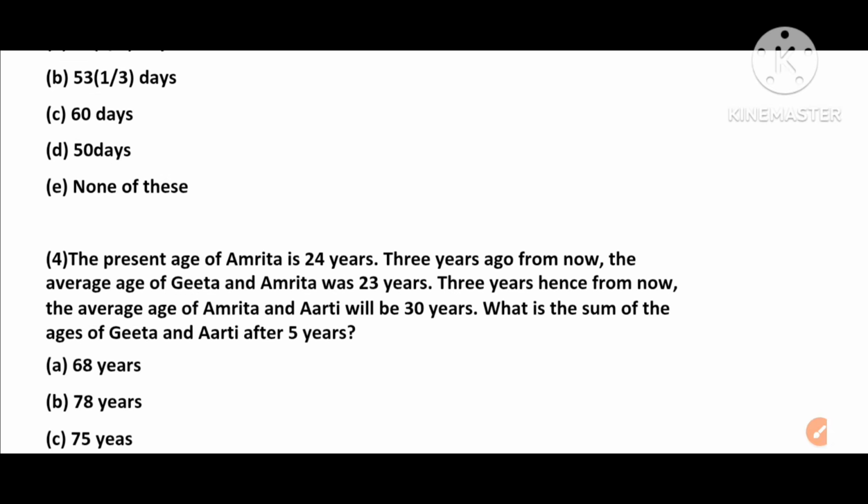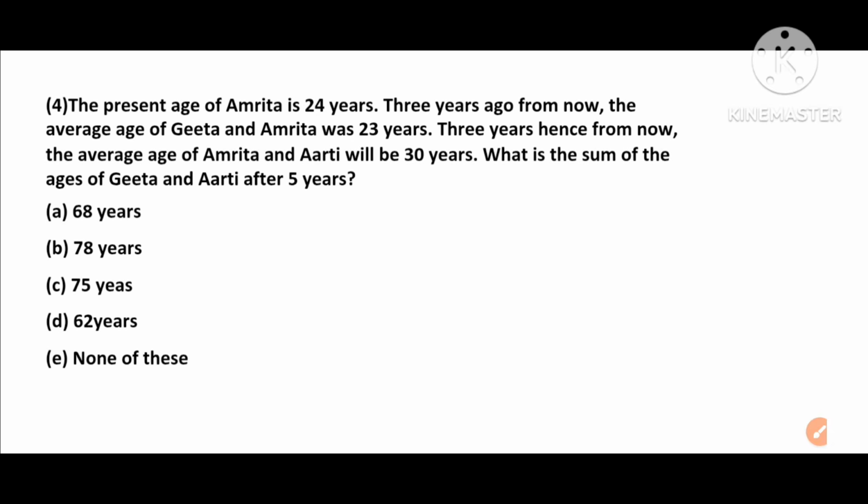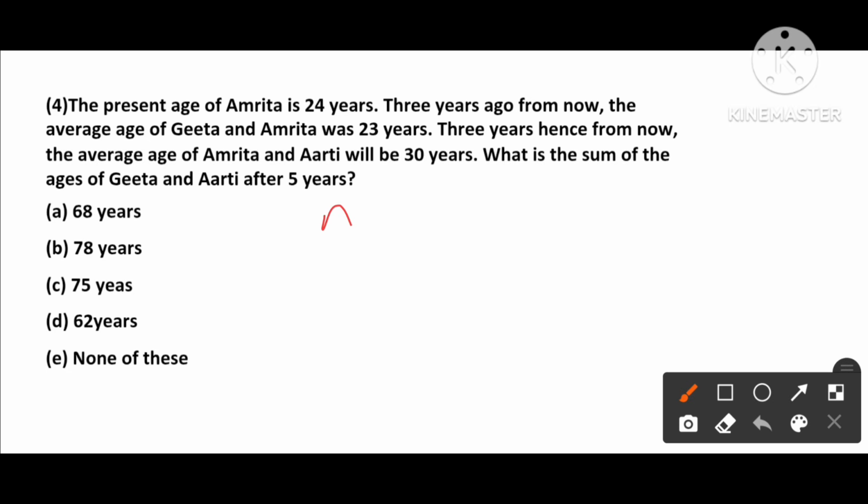Let's see the fourth question. The present age of Amrita is 24 years. 3 years ago from now, the average age of Geeta and Amrita was 23. So 3 years ago their average is 23 means their total will be 46.